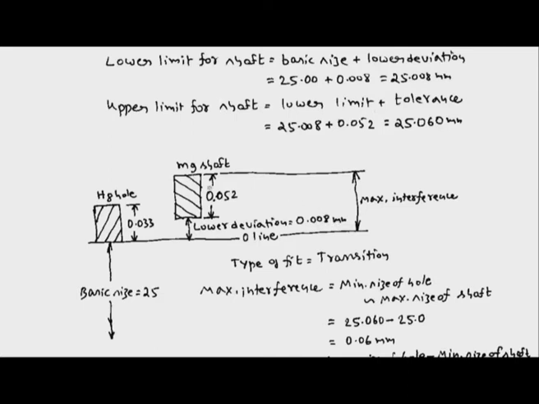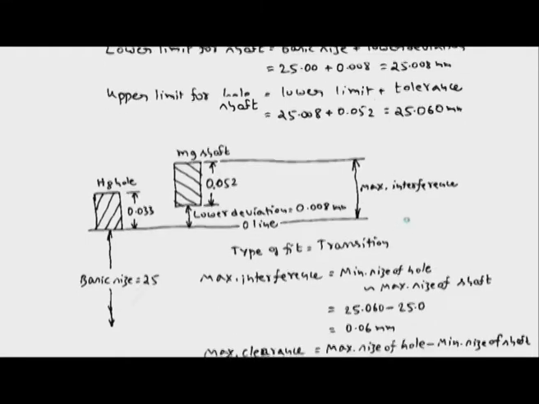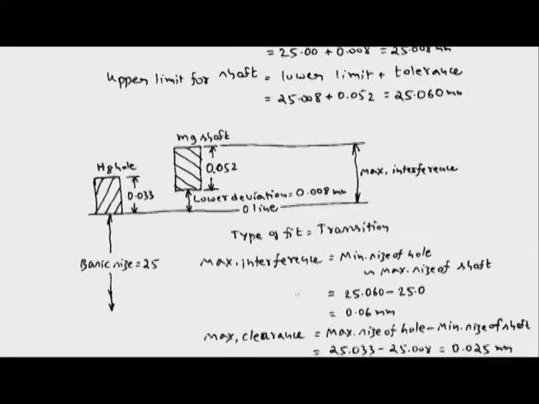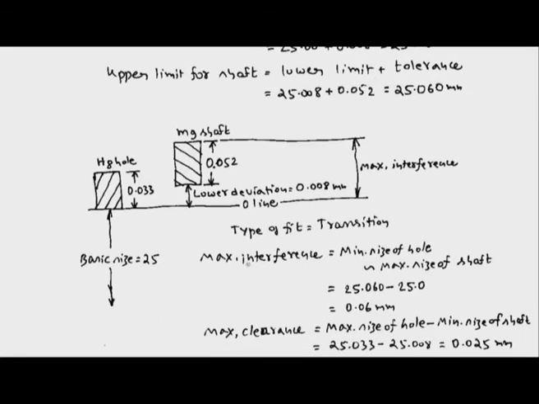The difference between the maximum size of the shaft and the minimum size of the hole will give us the maximum interference. So, that is equal to 0.060 millimeter, and the maximum clearance we get by subtracting the lower size of the shaft from the maximum size of the hole. So, then we get a maximum clearance of 0.025 millimeter.